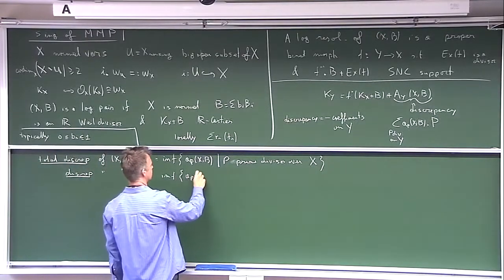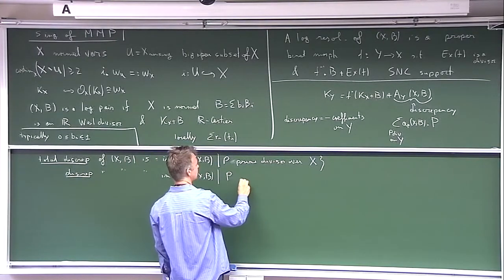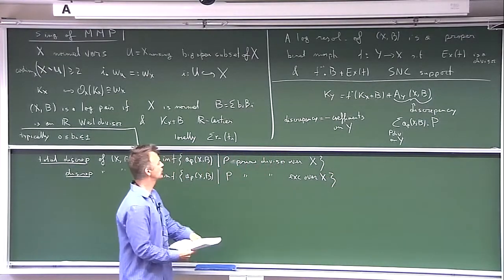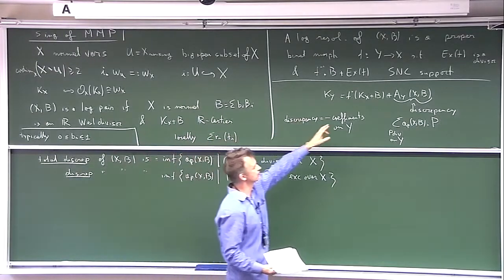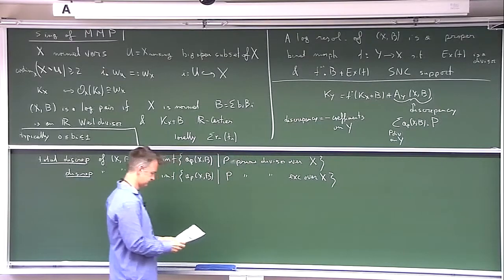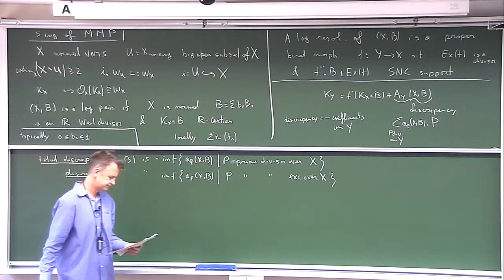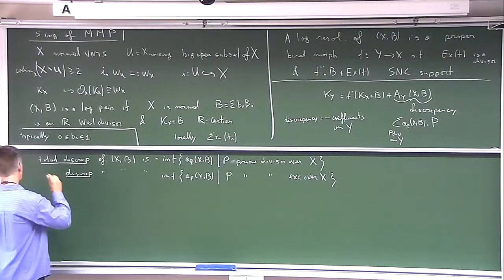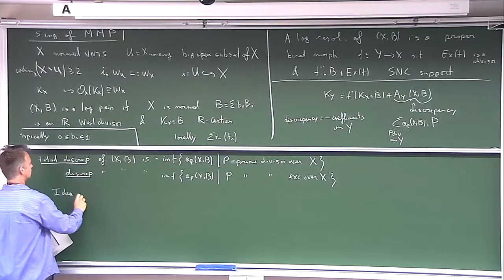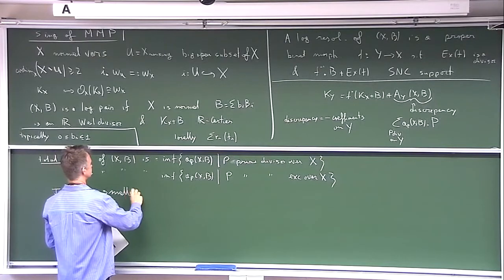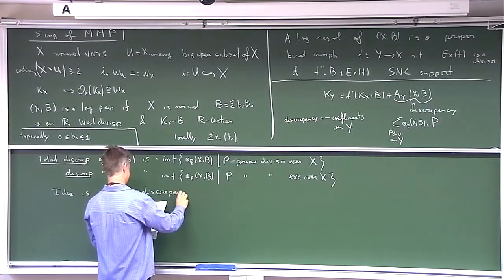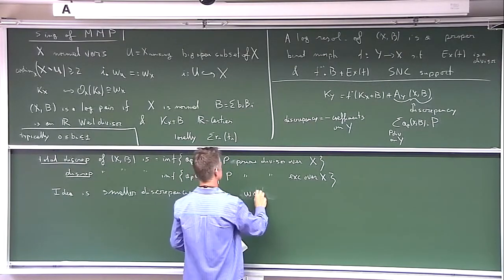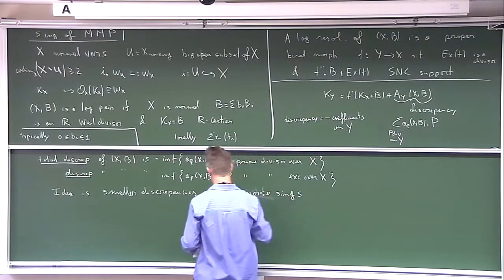It's almost the same thing, but here we only think about P which are prime divisors exceptional over X. So we're considering exactly all of the same divisors, essentially, except the ones that lie on X, most importantly, except the components of B. Okay, so the idea is that smaller discrepancies should correspond to worse singularities. So the bigger the discrepancy, the better your situation.